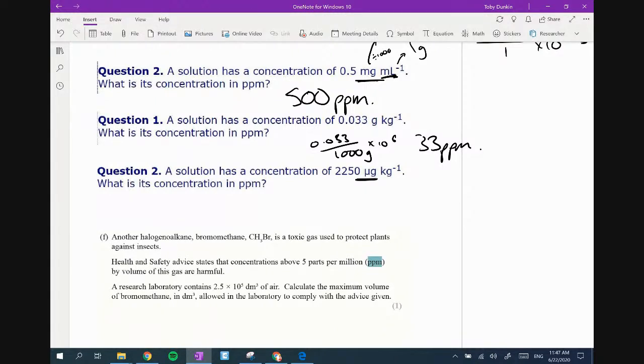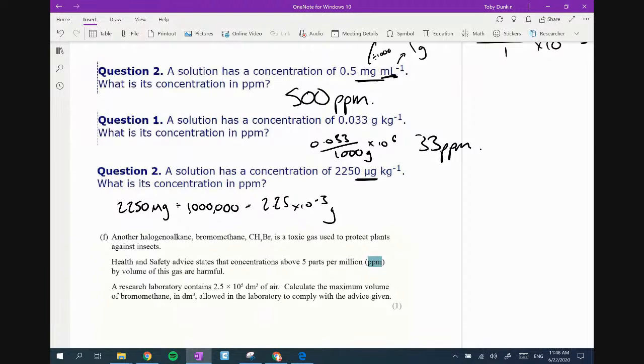Micrograms. So let's convert the micrograms. 250 micrograms, divide it by 1,000,000 to put it into grams. It's going to be 2,250 parts per million, most likely. So if I do 2,250 divided by 1 exponential 6, that gives me 2.25 times 10 to the minus 3 grams.